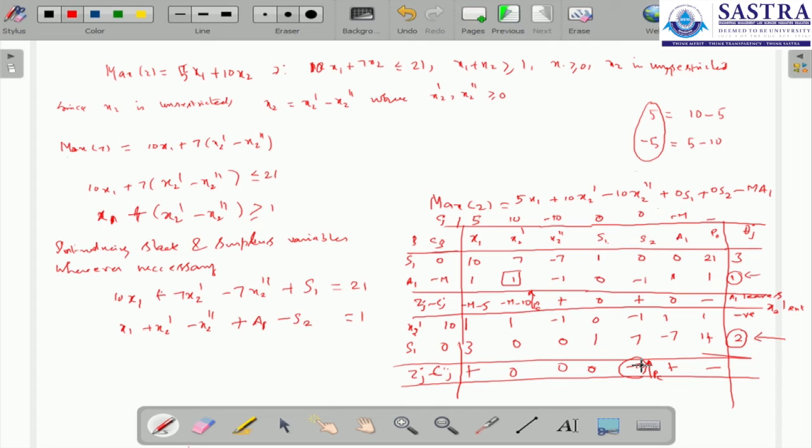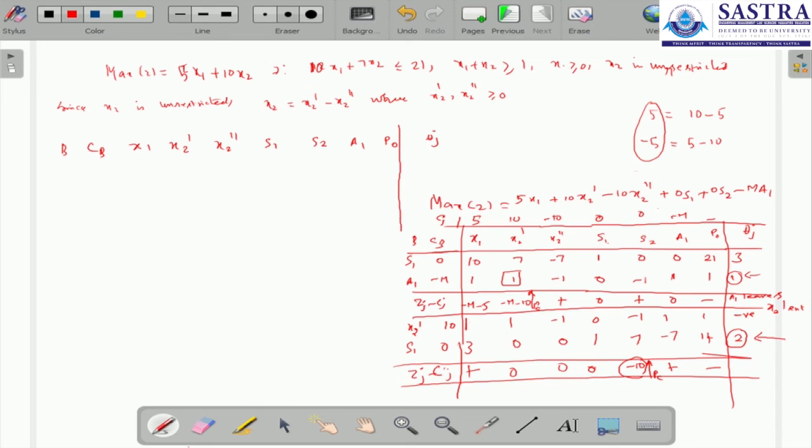Now we have to perform the next table, where I will furnish this next table at the left side of this paper for convenience. P0 and CB only. So I block this.